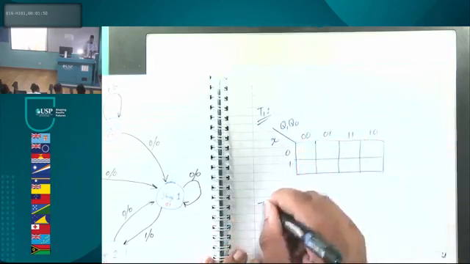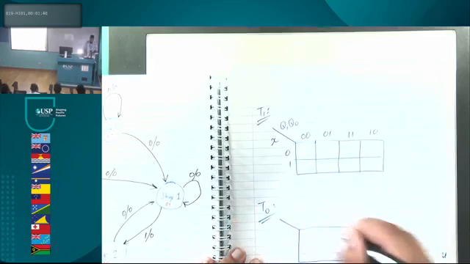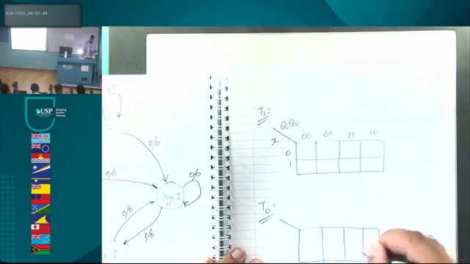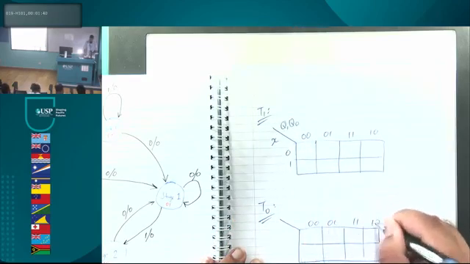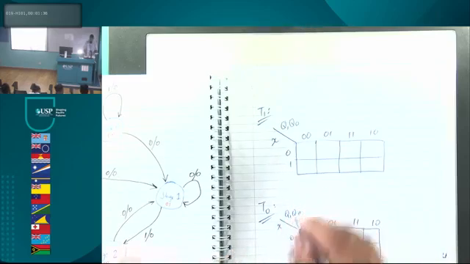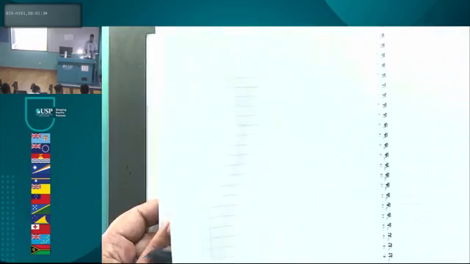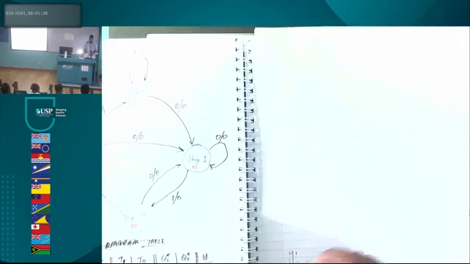T0, Karnaugh map. Q1, Q0, X. Why did I put it in that order? Because that's the order that my table is in. So it makes it easy. Output, Y, Karnaugh map.